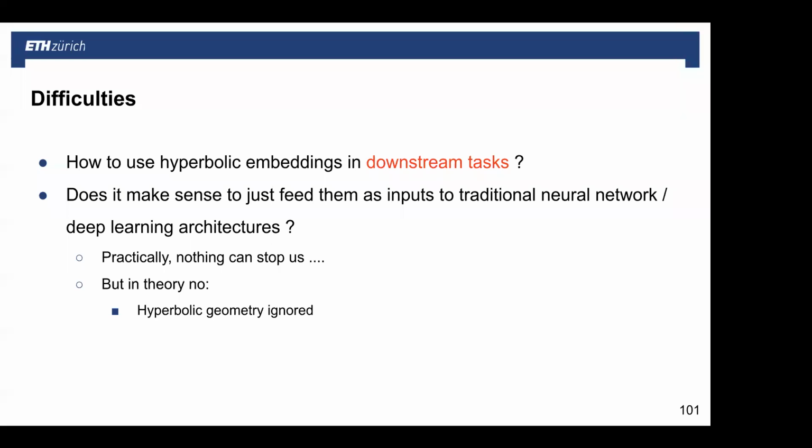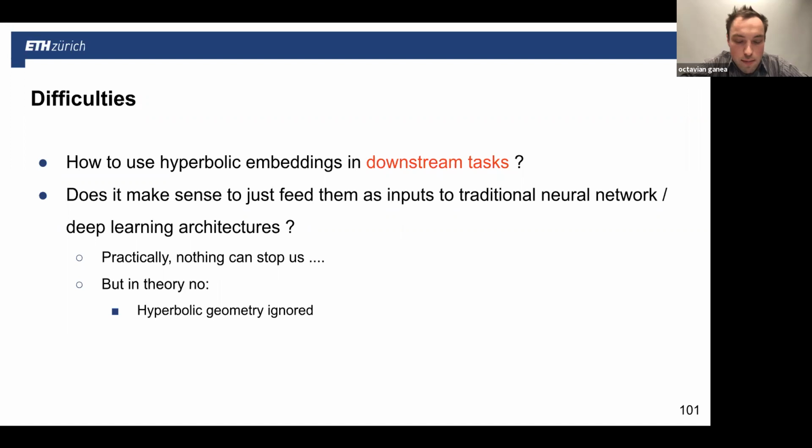I see what you're saying. You're saying take the hyperbolic embeddings and feed them as extra input into traditional neural networks. Yes, I'm saying that this doesn't make sense in theory, and it's just ignoring the hyperbolic geometry.